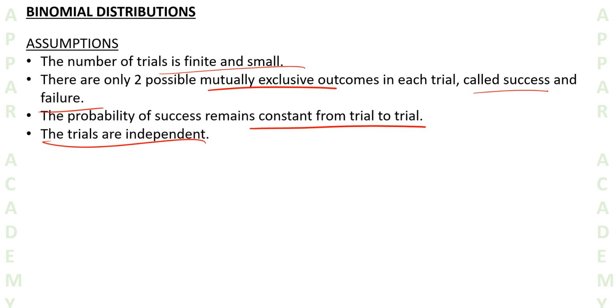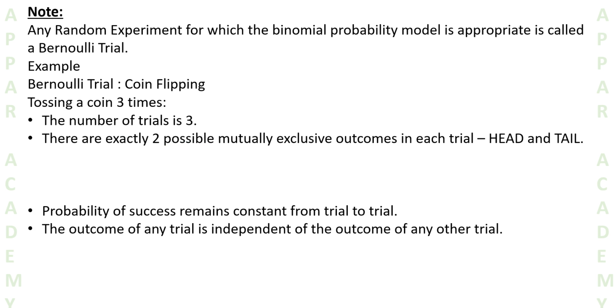I pick out one ball, a red ball, so now we are left with only 3 red and 4 black. So when I'm picking my second ball, it is dependent upon the ball I picked in the first trial. But in this case, this does not happen. Each trial is independent. Right? So the outcome of any trial is independent of the outcome of any other trial. So these are a few basic assumptions of a binomial distribution.